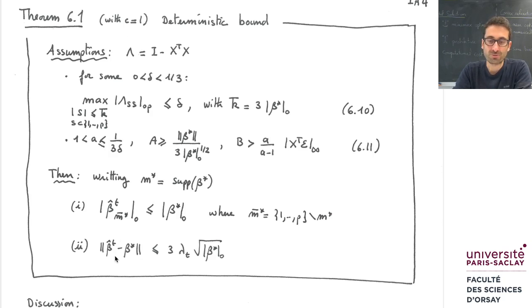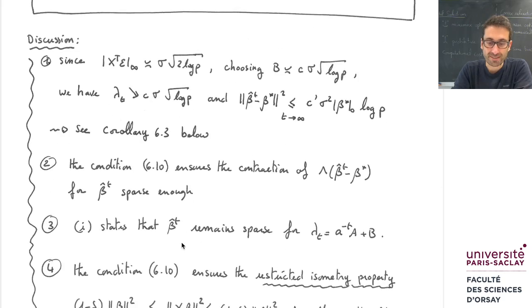For beta hat 0, you have this property because you have 0 here, and this other property holds thanks to the choice of A. So this result holds for t equal to 0, and now we assume that it holds at step t and prove that it holds at step t+1. Let's do it.